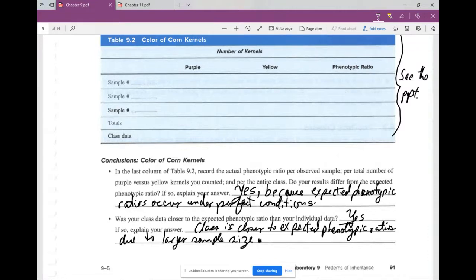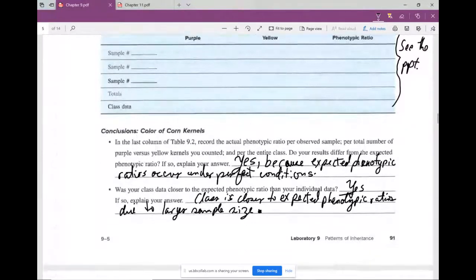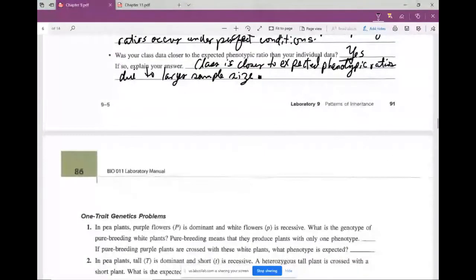If you just throw a penny 3 times, there's a big chance that you're going to get unexpected results. If you throw the penny 4 times, there's a large chance that all 4 times is going to give you tails or heads. But if you throw the penny 100 times, there's a better chance that you're going to get half heads and half tails as results. You're increasing your sample size.